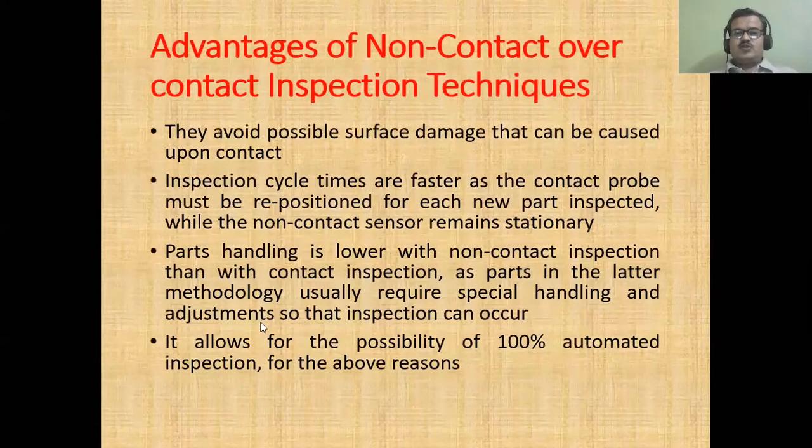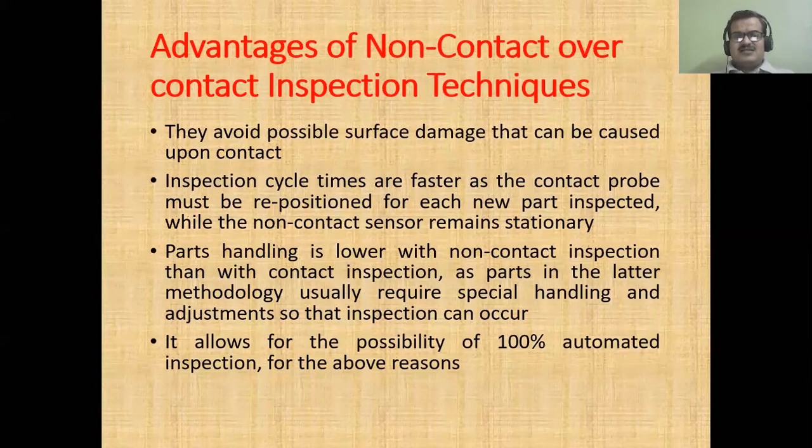Now, advantages of non-contact inspection techniques over contact inspection techniques. They avoid possible surface damage that can be caused upon contact. Inspection cycle times are faster, as the contact probe must be repositioned for each new part inspected, while the non-contact sensors remain stationary because no touch is made, and hence there is no position disturbance.